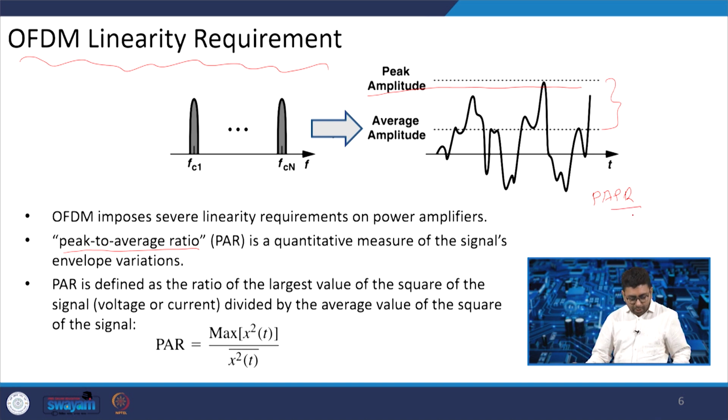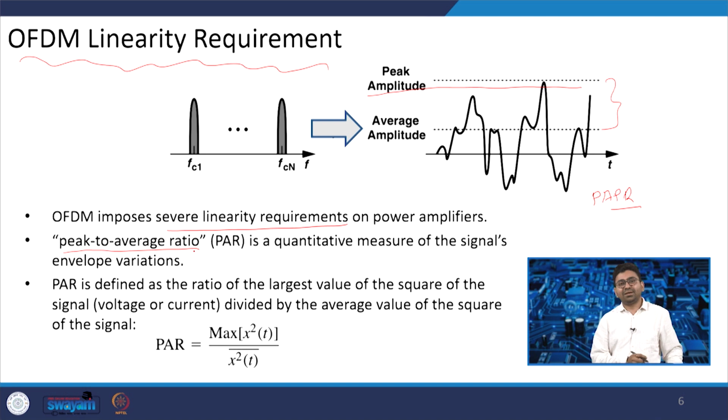So, OFDM imposes a severe linearity requirement on power amplifiers. If you are a power amplifier designer, then you need to work hard to get the highest linearity possible to overcome this problem of PAPR, peak to average power ratio.